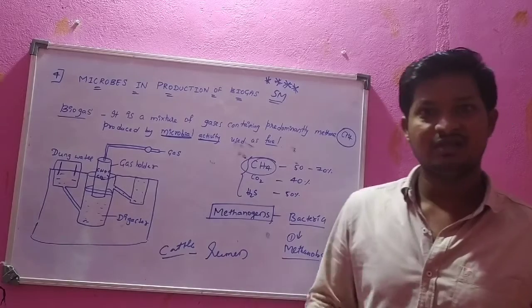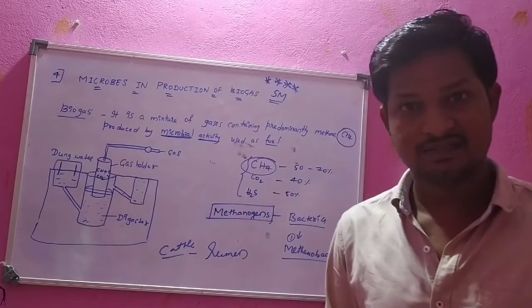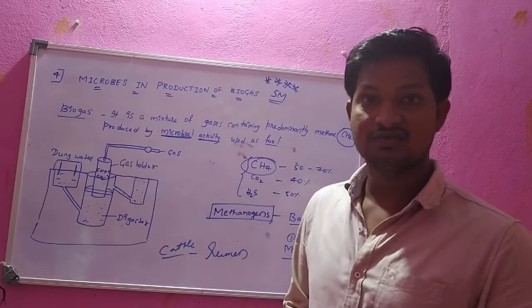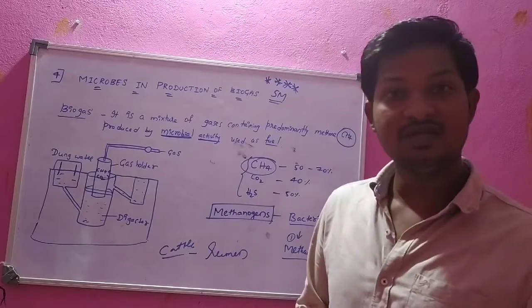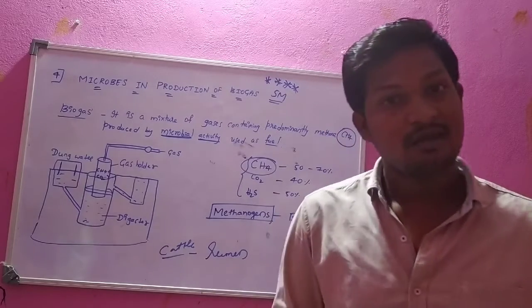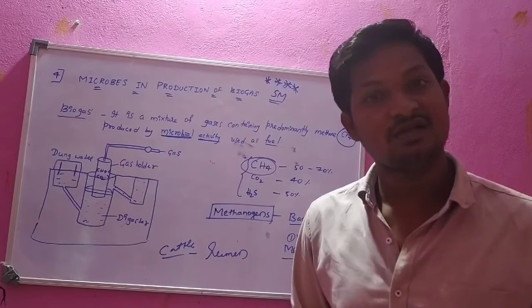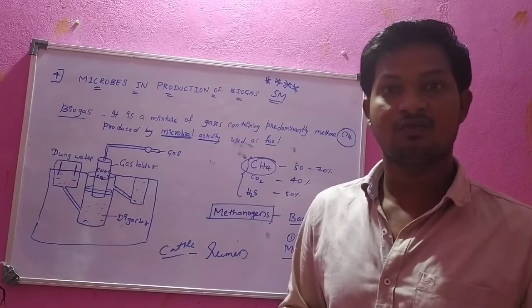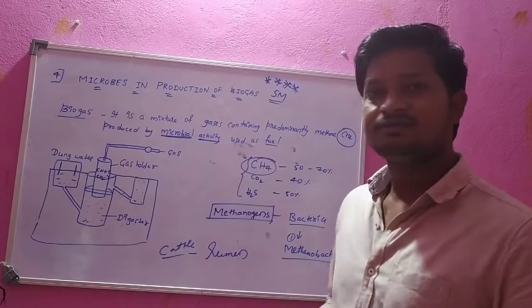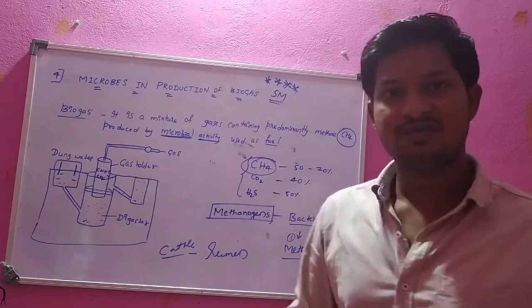Usually the cattle take grass. That grass contains cellulose, which will be digested by certain bacteria. That helps the cow for nutrition, and their digestion process takes place.